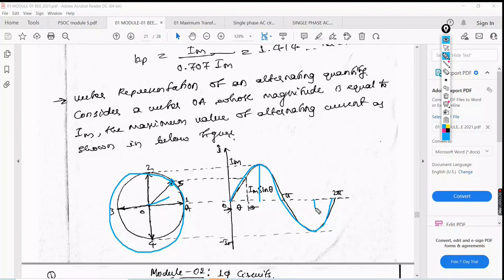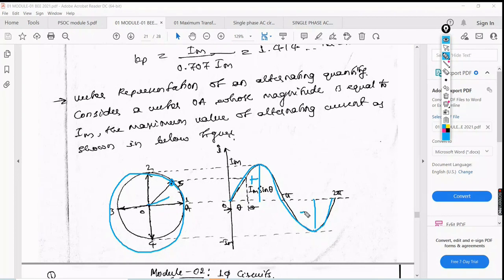This takes place over the complete positive half cycle as well as the negative half cycle. The quantity which changes its magnitude as well as direction with respect to time is called an alternating quantity.